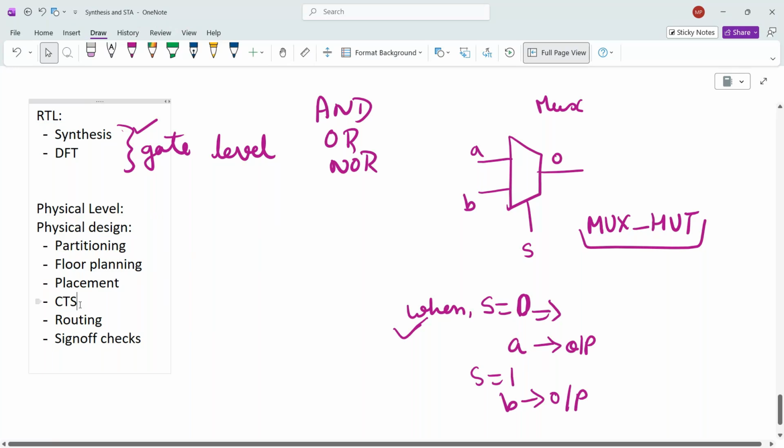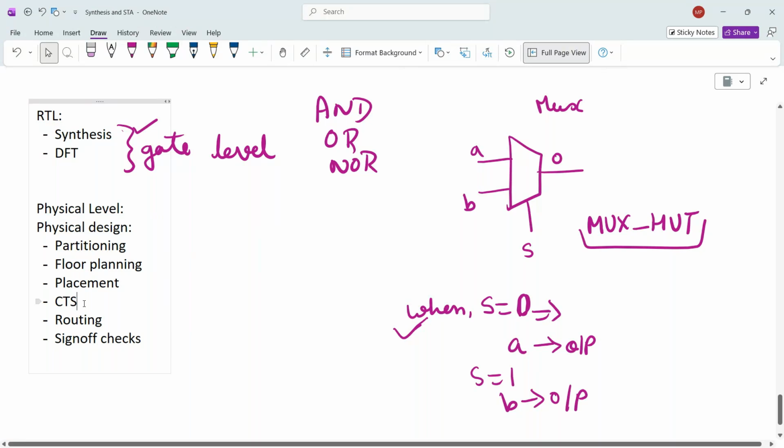After that, CTS makes sure that the clock is provided to all the sequential elements with no or negligible timing issues. Here again we need to take care, because the clock is the most switching signal, so it is prone to signal integrity issues like crosstalk.